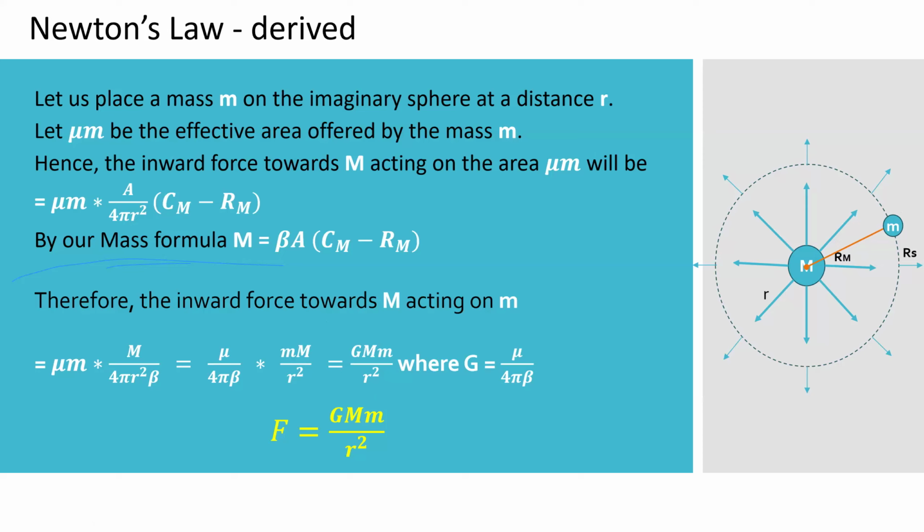That effective area is mu times m. Let mu m be the effective area offered by the small mass m. On that effective area, he is calculating the inward force.